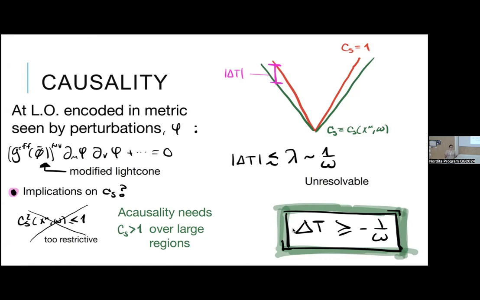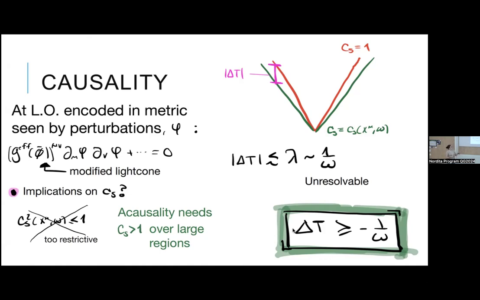And there's one more thing: we know there's quantum mechanics, we know there's the uncertainty principle, and we know that there are things that we cannot measure. So if you send in a wave with frequency omega, and you want to measure a time delay, and this time delay is smaller than 1 over omega, this is not a resolvable amount.